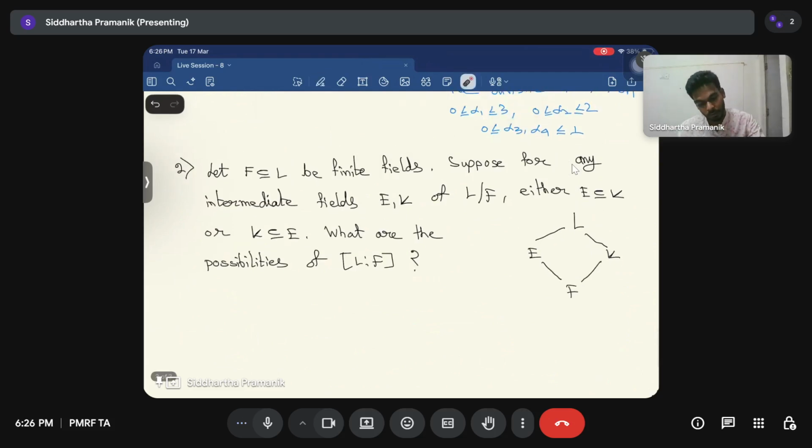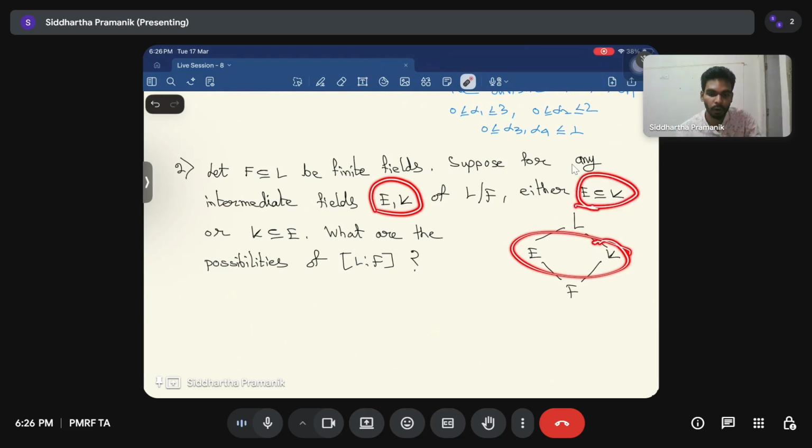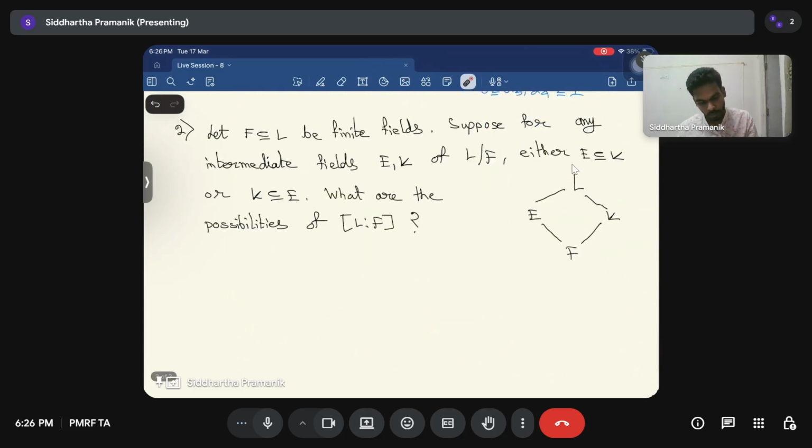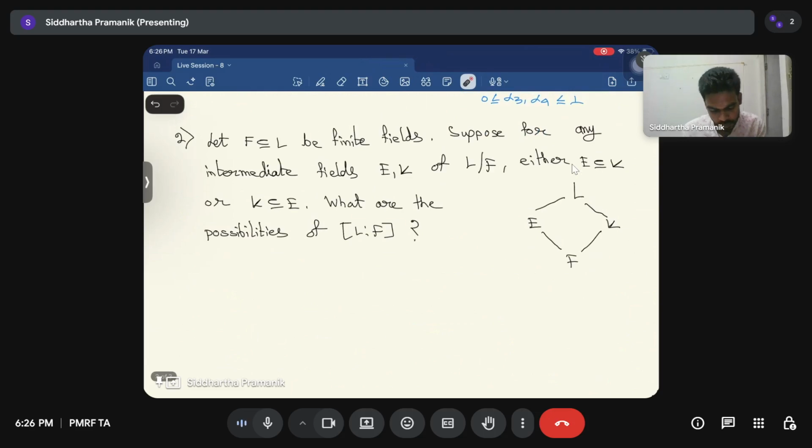So given that L and F both are finite fields, and L contains F, and it has a special property: if you take any intermediate fields E and K, then either E is contained in K or K is contained in E. Then what are the possibilities of this degree of L over F? So we need to find the possibilities of this degree.